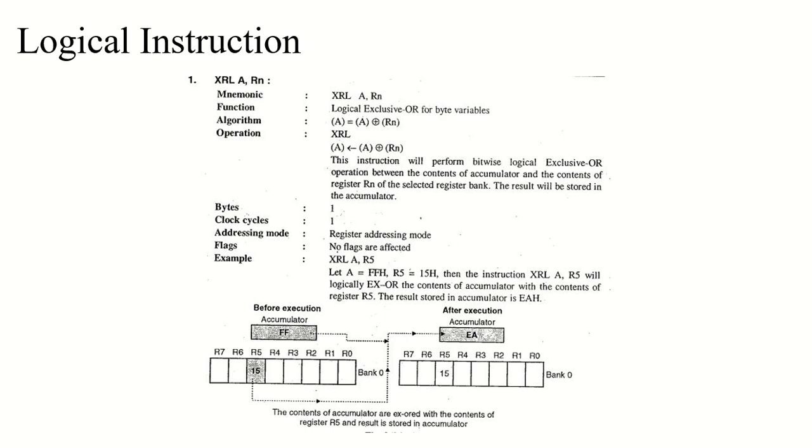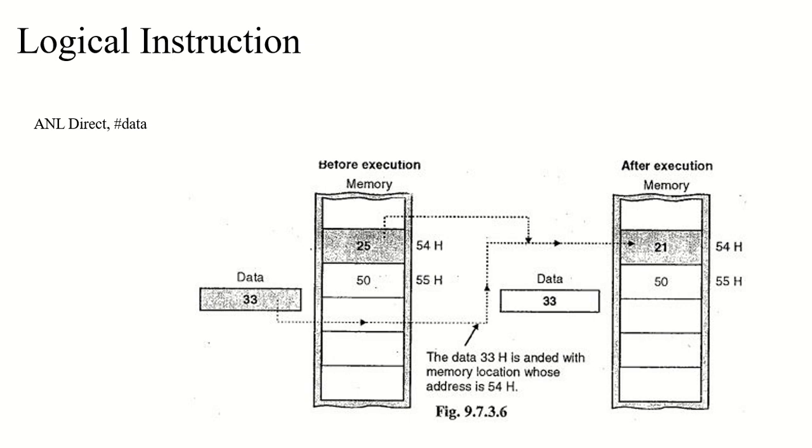Now let's see the next one. This one is different from the AND operation. This is XRL A comma RN. But before we go to XRL, there is ORL as well, which will perform the OR operation, which we have not considered in classes, because ORL will perform the same operation as ANL, except instead of the AND operation it will perform the OR operation.